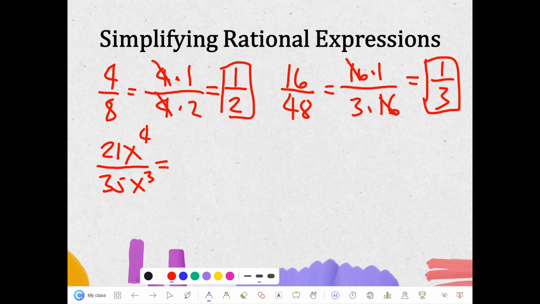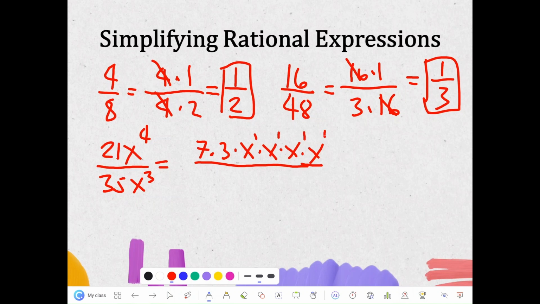Say for example, 21 and 35, they have a common factor of 7. So 21, this is 7 times 3. And then x to the 4th can be expanded as times x times x times x times x. Dahil po, apat na x ito, alam naman natin, pagdating sa exponent, ina-add lang. So you have here 1, 2, 3, and 4. So this is x to the 4th.